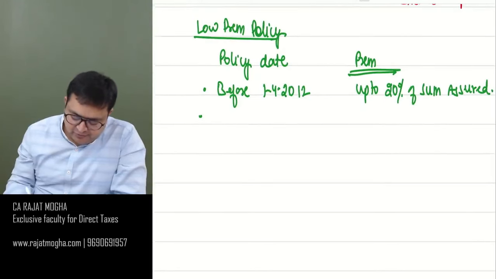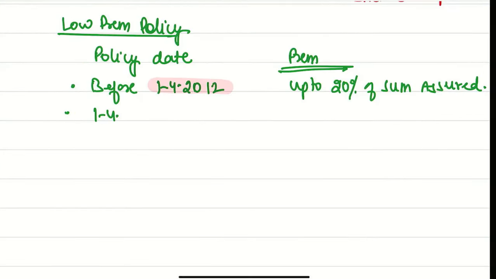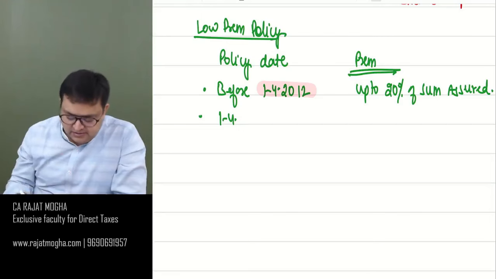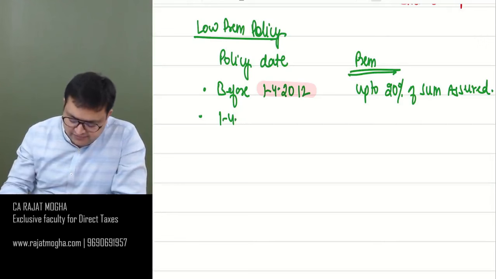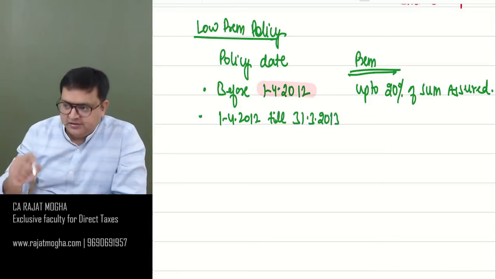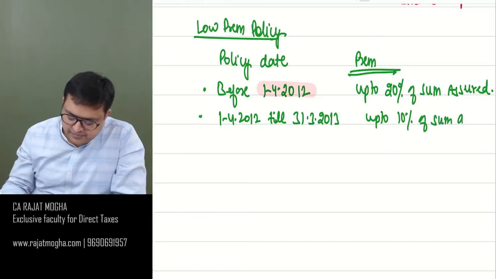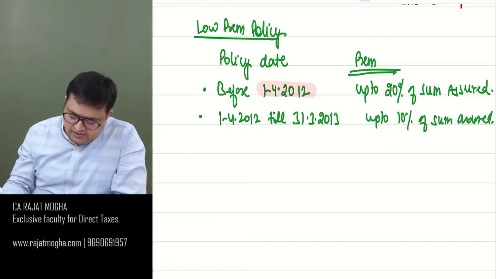Just remember this date, 1/4/2012. Yesterday I told you the same thing. If the policy date is between 1/4/2012 till 31st March 2013, 1 year, it is up to 10% of sum assured, it's a low premium policy.